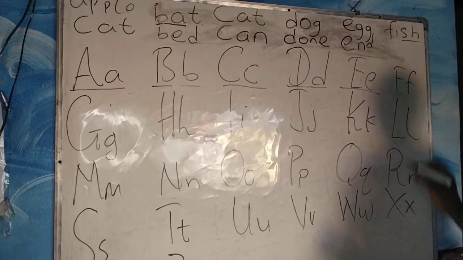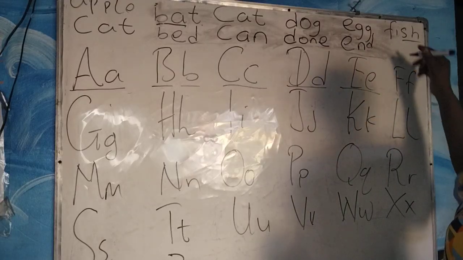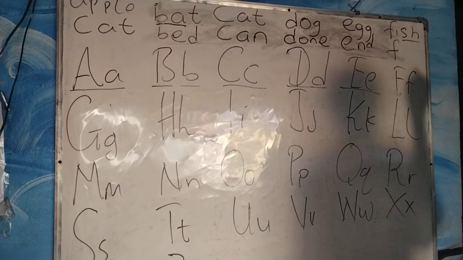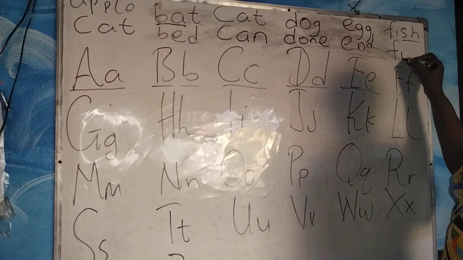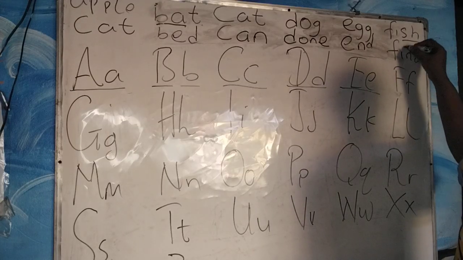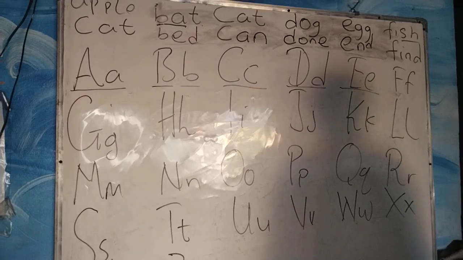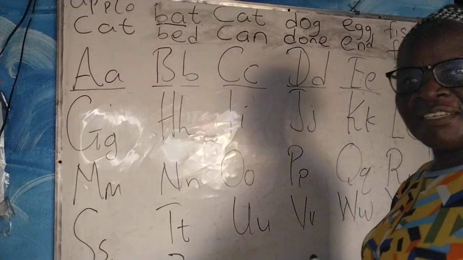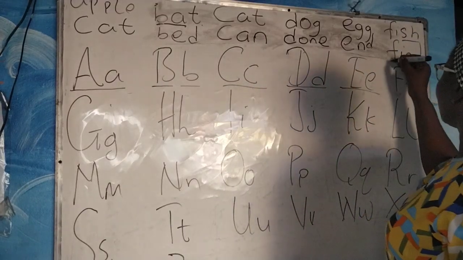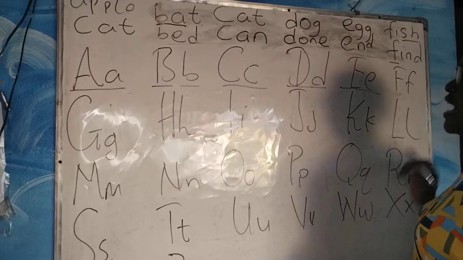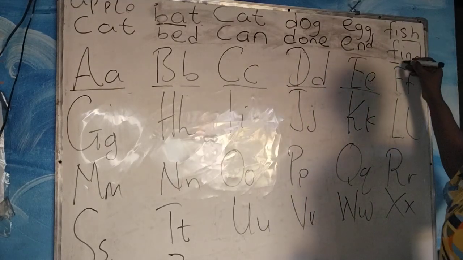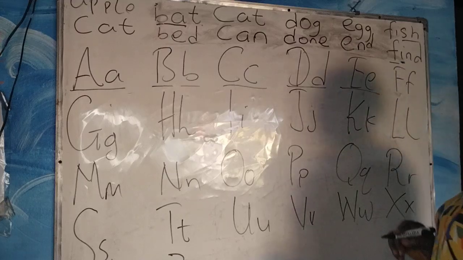Now we have another one, as in find, as in find. Now you will be surprised. The first letter has the normal sound, but the second letter goes with the letter name.